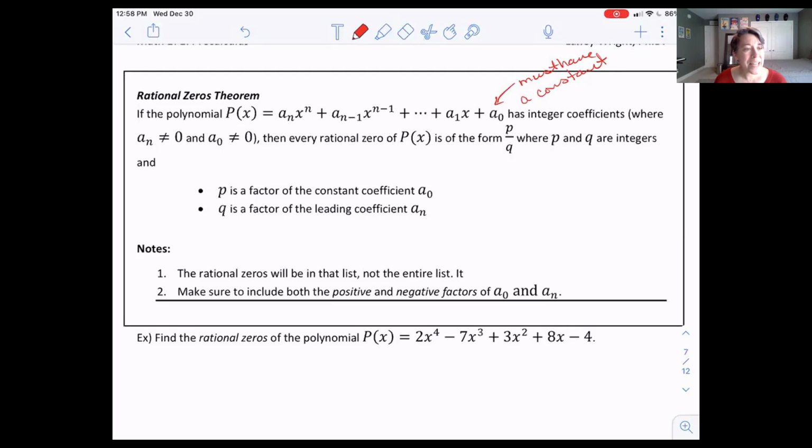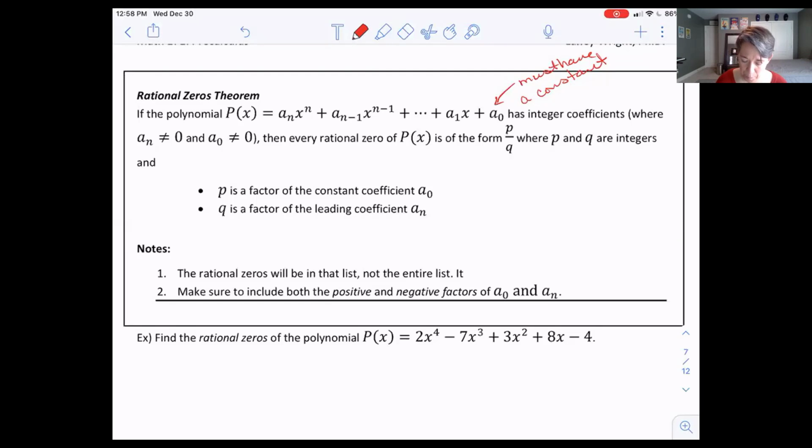Then it's telling us every rational zero, remember a rational number means it could be written as a fraction, of that polynomial is of the form p over q, where p are the factors of your constant coefficient and q are factors of the leading coefficient.